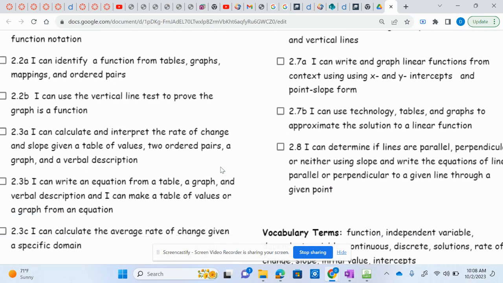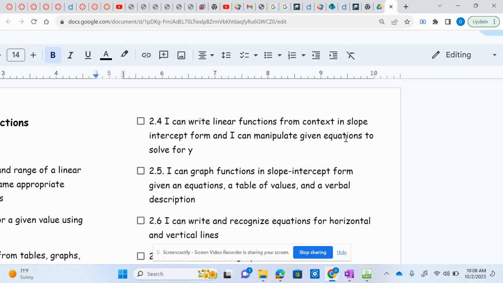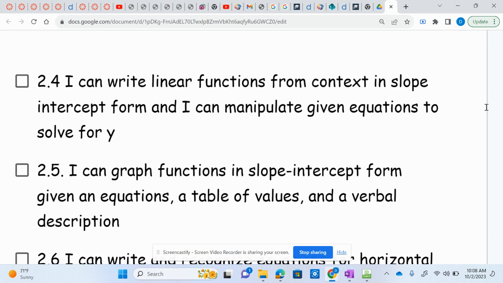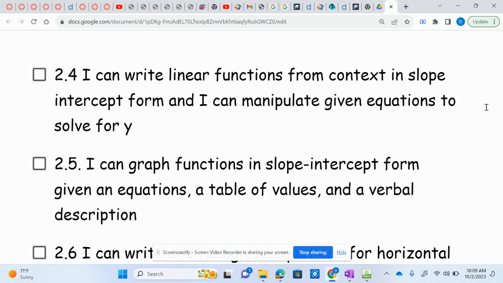So here is your 2.4. I can write a linear function from context and slope intercept, and I can manipulate given equations to solve for y.